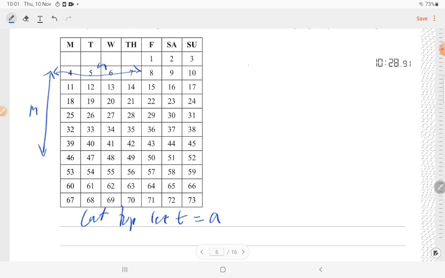Okay, let's just create a square and label a, b, c, d.